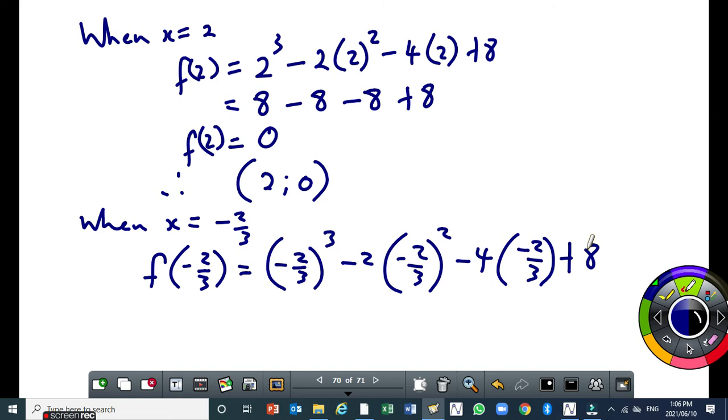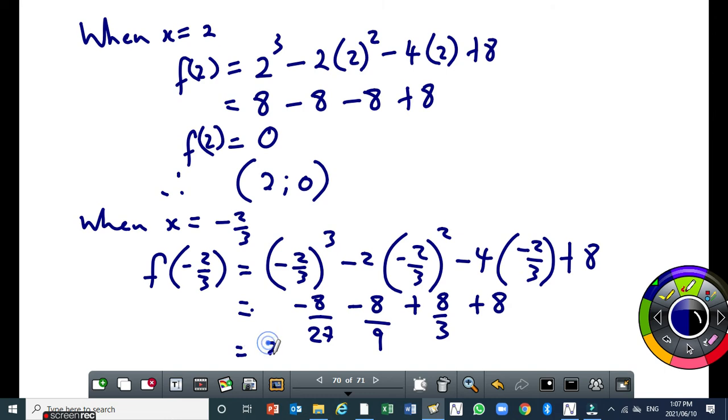I'm trying to find the second set or pair of what? Of coordinates at the turning point. So this will give me minus 8 over 27, and that will give me, okay, I'll get a 4 times that, I'll get minus 8 over 9, and that one will give me positive 8 over 3 plus 8. Can someone simplify this to me? 156 over 27.